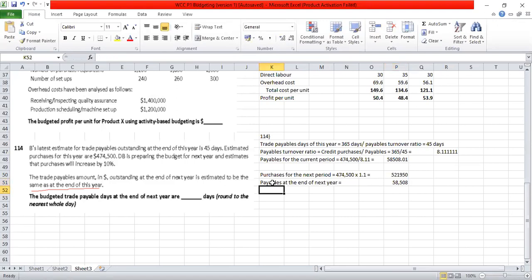I think from here we can work out the trade payable days at the end of the next year, which is equal to 365 divided by the payables turnover ratio, isn't it?